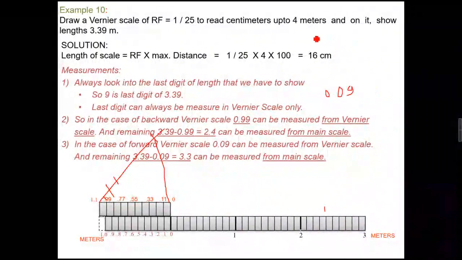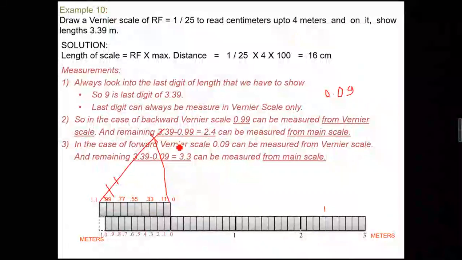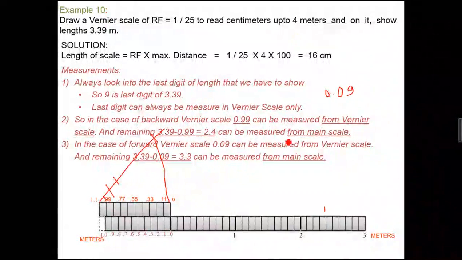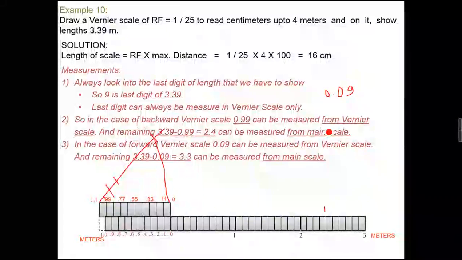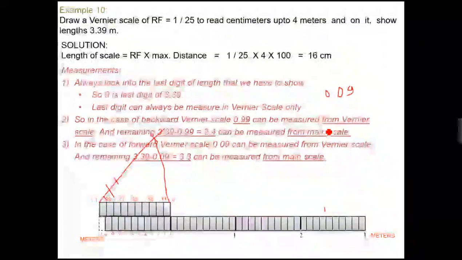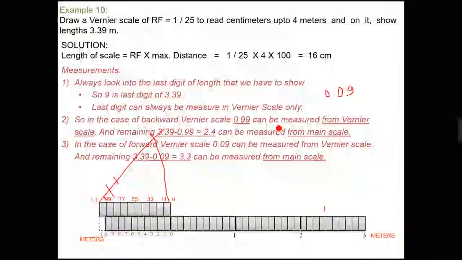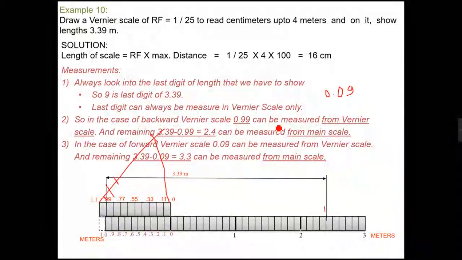So in this case there is only one solution: you have to make the backward vernier only. You cannot make the forward vernier here. So now I have to show the distance of 3.39 on the vernier scale.